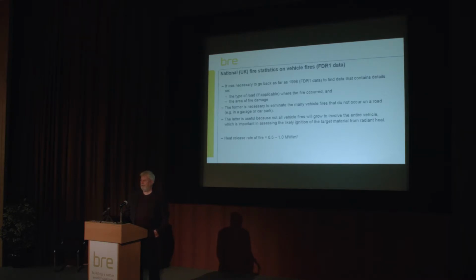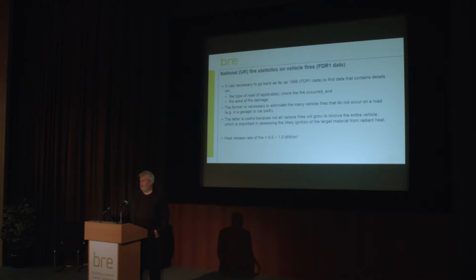The reason we had to go back for this particular project was we needed to know where the vehicle fires occurred in terms of what sort of road they were on, whether the engine was running and so on, to try and get a subset that was representative of vehicle fires in this particular application. The IRS unfortunately doesn't have the details on what road it occurs on, or at least not in an easy form to get at.